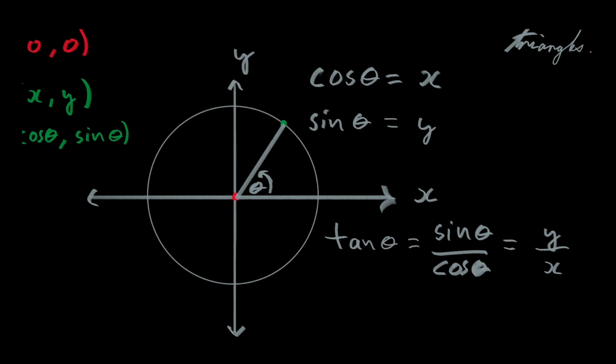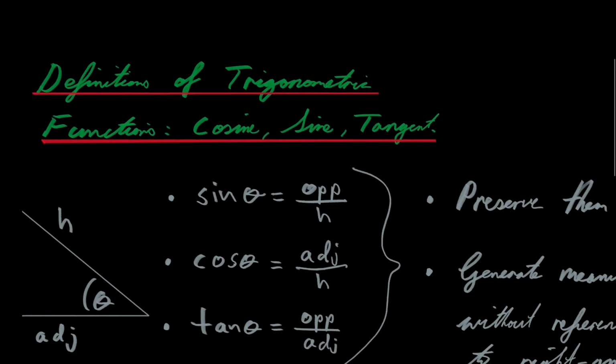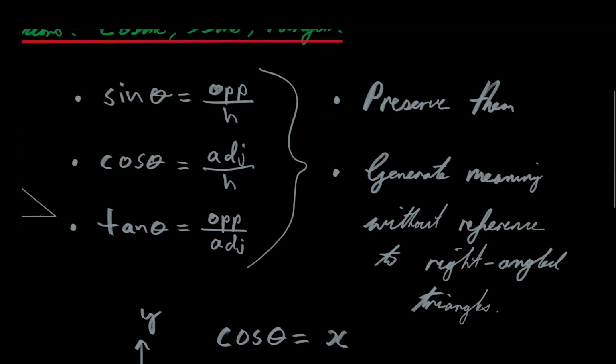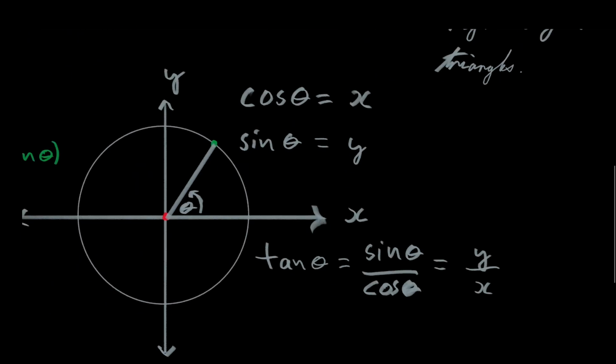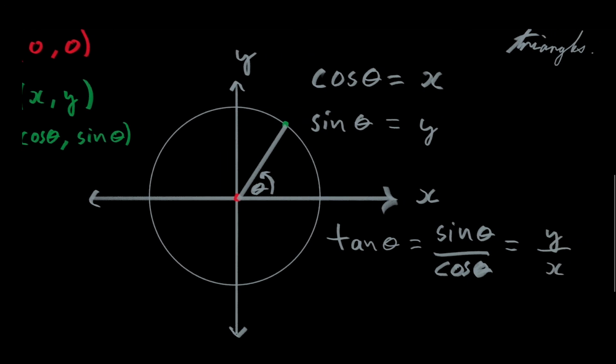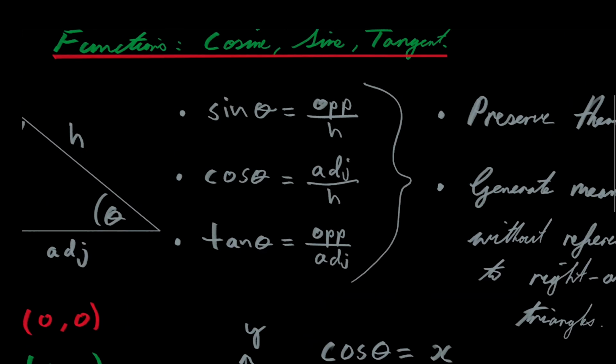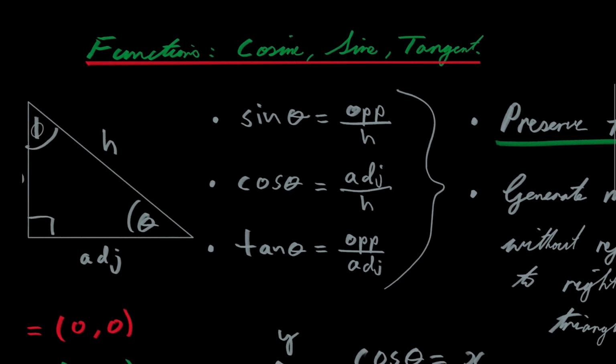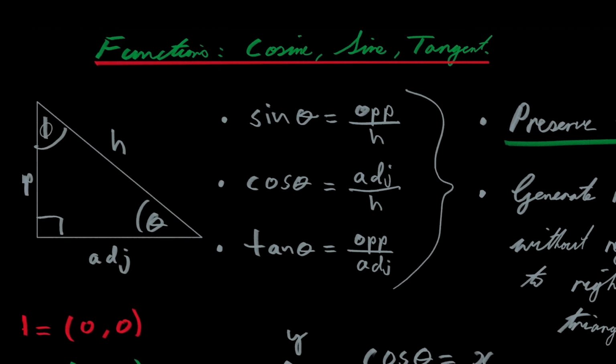In the very next video, I'm going to explain how this unit circle definition of these three trigonometric values preserves our more familiar right angle triangle ways of thinking about sine, cosine, and tangent.